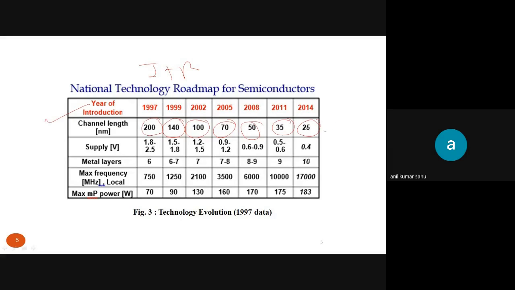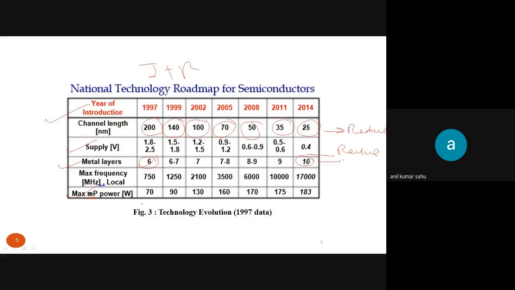So you can see that the channel length is reducing. Similarly, the required supply voltage is also reducing. Initially the chip was fabricated with 6 metal layers. Now we are using more than 14 or 18 layers to design chips. Power consumption is also somewhat reduced.